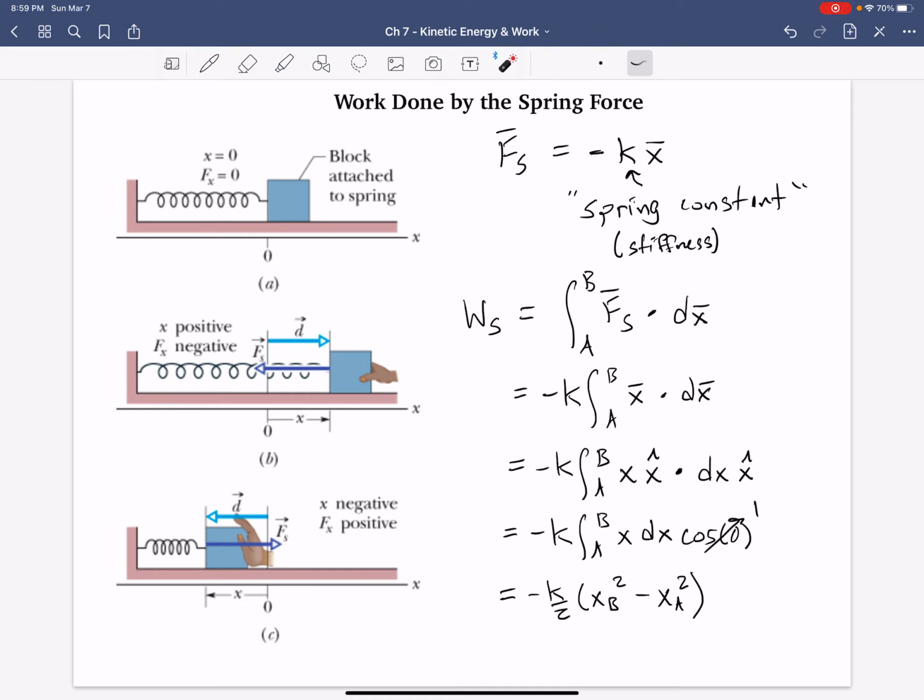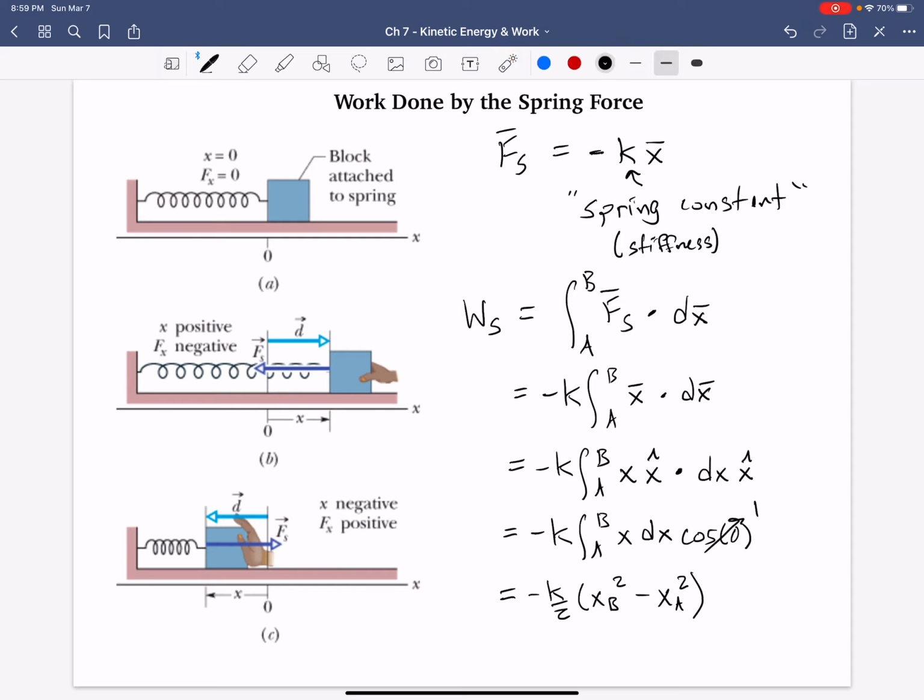In most cases, one of the positions, final or initial, will be 0. So one of these may cancel out and make our lives a little bit easier. In the first case, it starts at 0, and then it is stretched to maximum position x. So final minus initial.